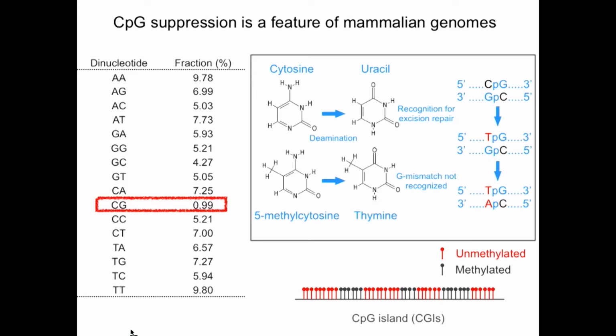Uracil is better recognized by the mismatch repair machinery, and C to T transitions aren't very well recognized, and therefore they get transferred to the next generation as a T mismatch.